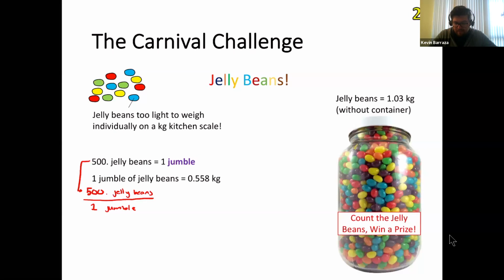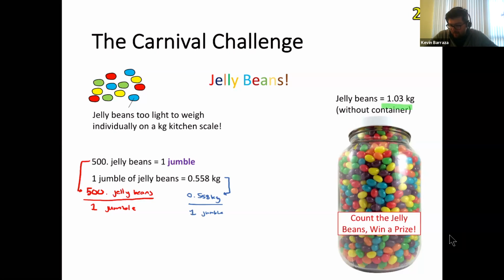So now I'm just setting up my conversion factors and seeing how they're going to relate. So that means 0.558 kilograms is one jumble of jelly beans.